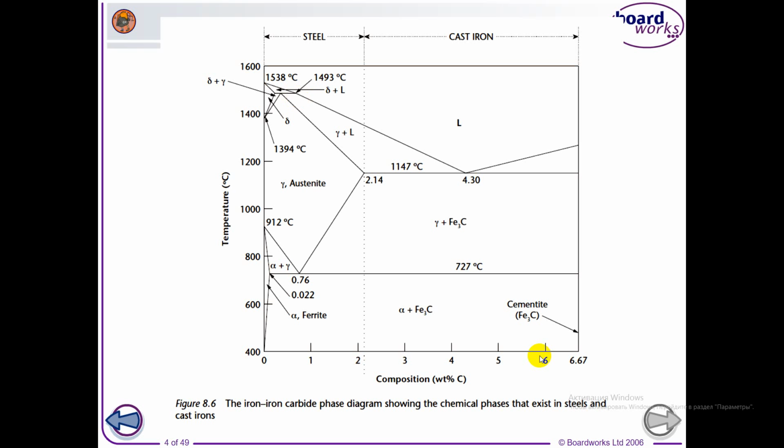There is a myriad of information which can be deduced from the iron carbide diagram. However, it's not expected that students or professionals from the civil engineering or architectural disciplines will be required to acquaint themselves with much more than the fundamentals covered in this lecture.